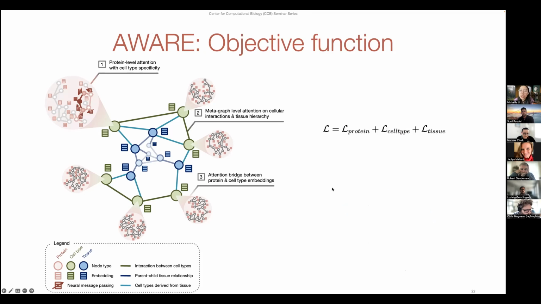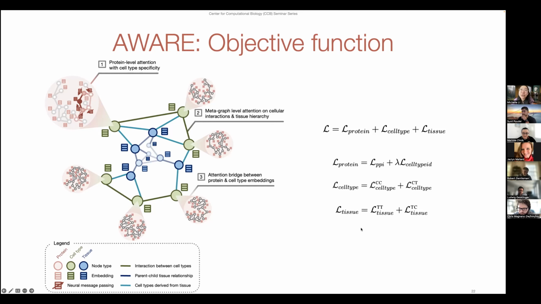And to go through the objective functions a little bit, we have three components. We have a protein level, cell type level, and tissue level component of our objective function. At the protein level, we perform link prediction on the protein-protein interactions. We also predict which cell type the protein is activated in. At the cell type level, again, we perform link prediction only considering the cell type edges and the cell type to tissue edges.